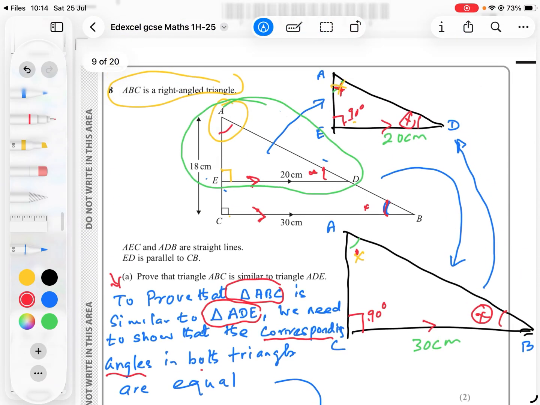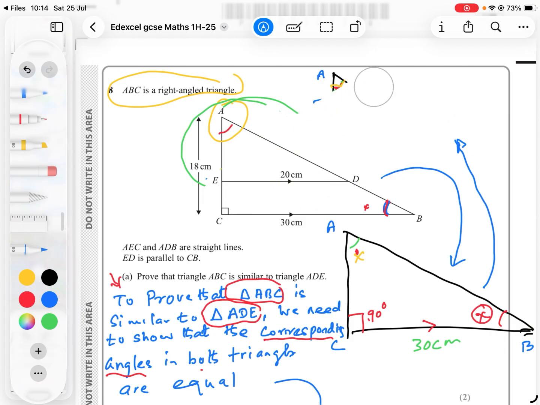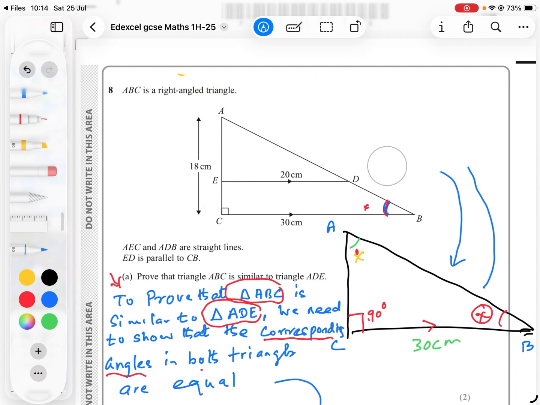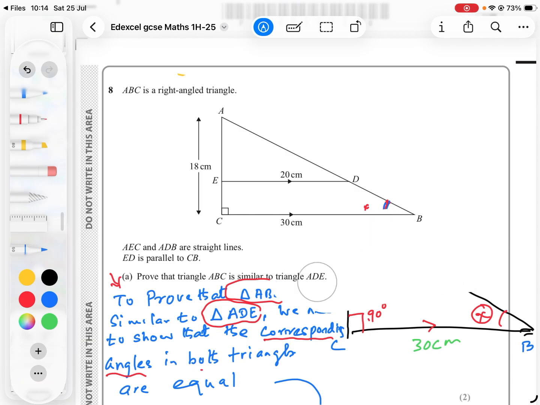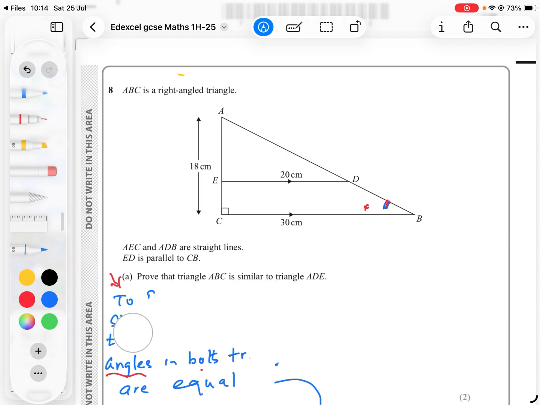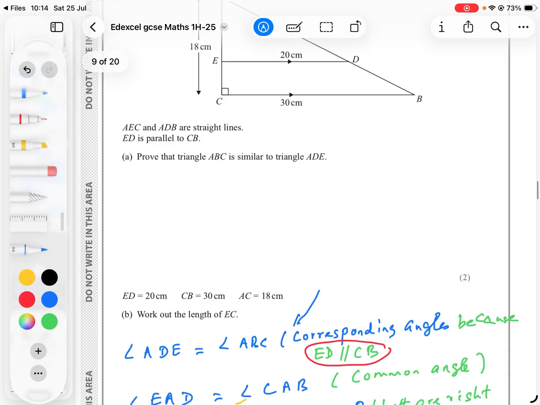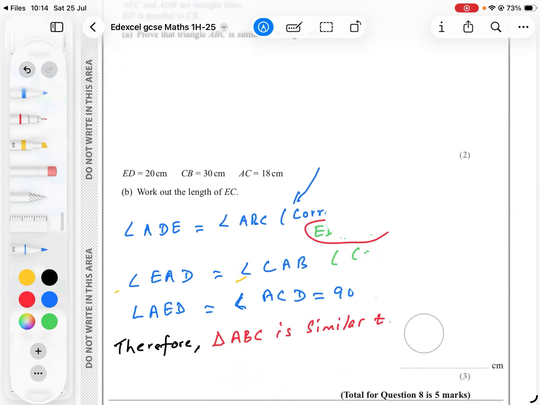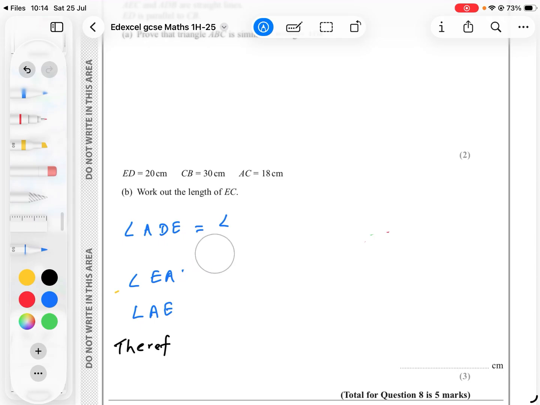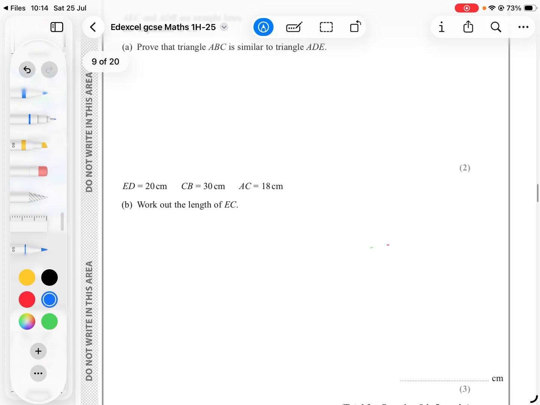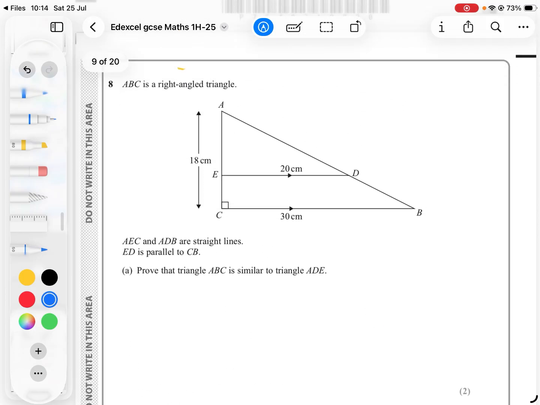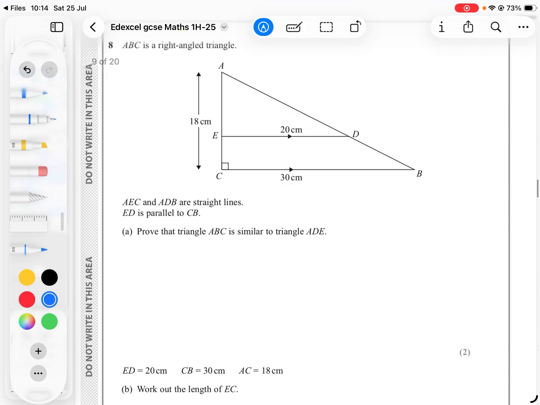So I'm going to rub it off to prove part B. So now, I'm going to draw again, easy for you to understand.